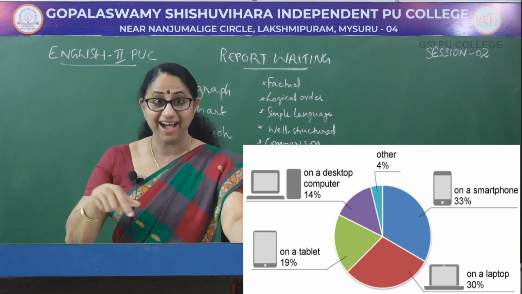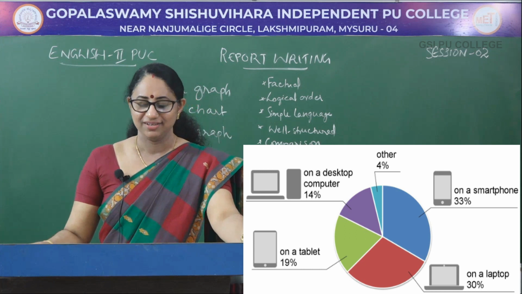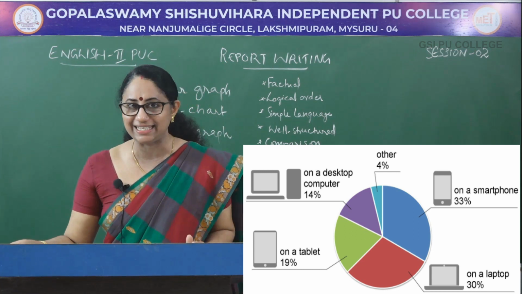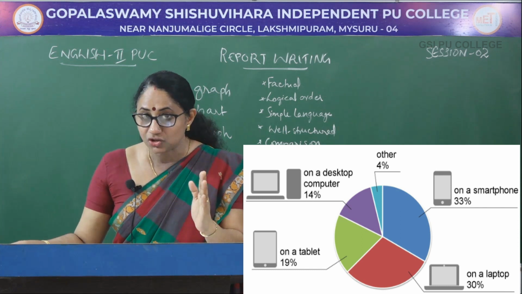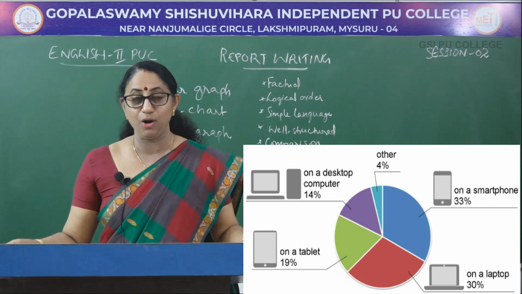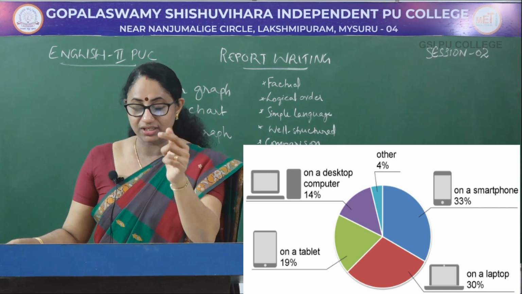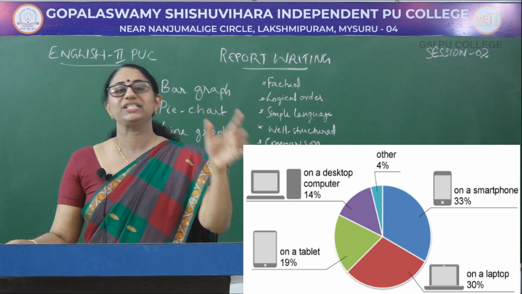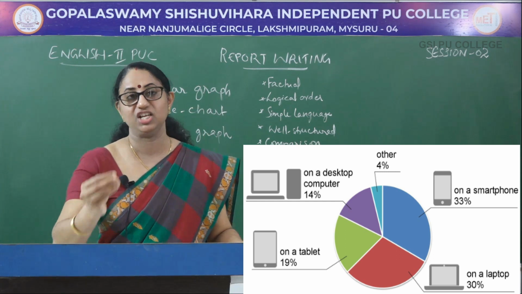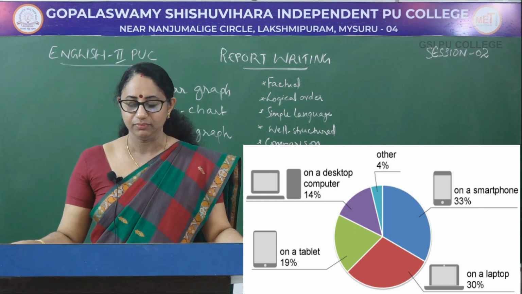See, the largest part occupies 33%. So what does it say? It says that 33% of the people aged 16 and above, they prefer to use a smartphone to use internet. So to surf on the internet, 33% preferred smartphone.